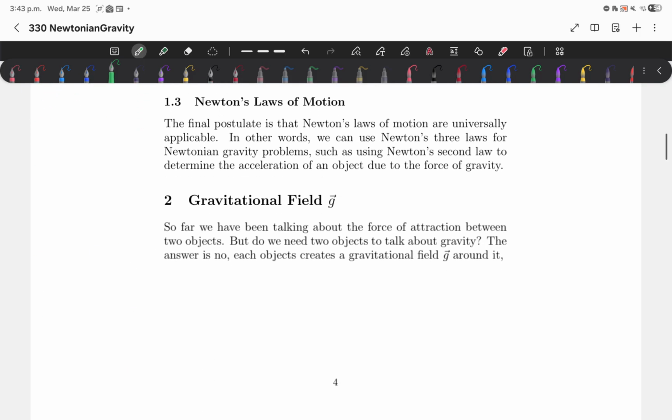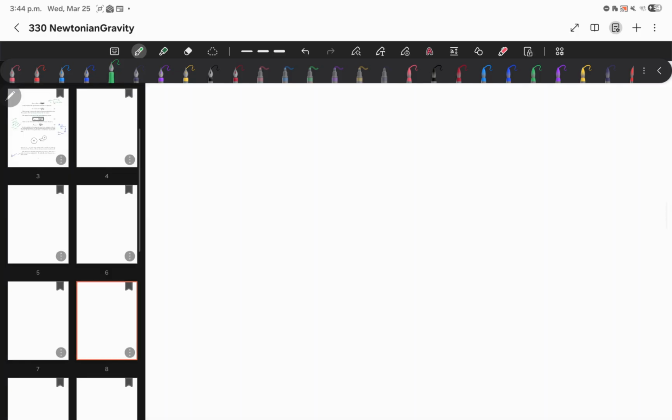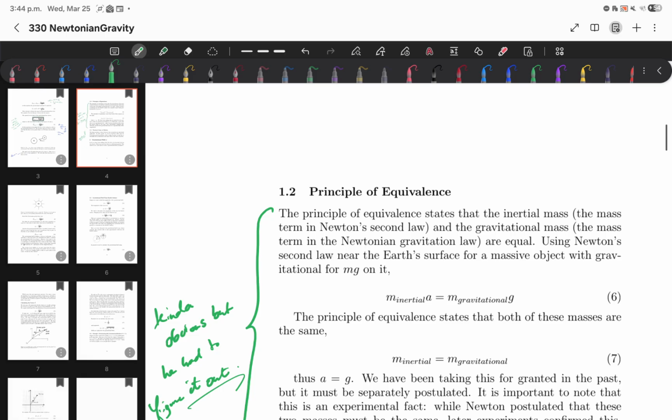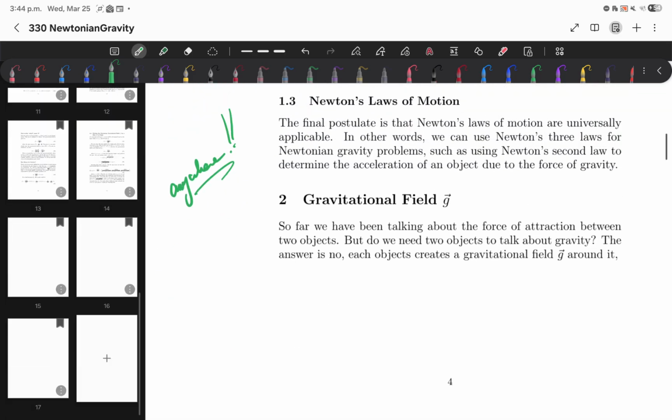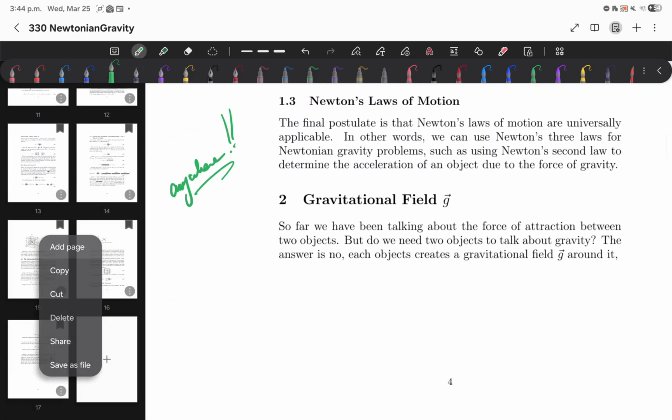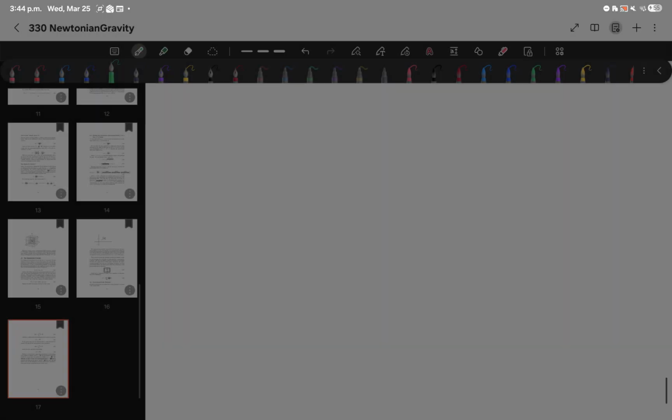And the final postulate is that these laws are universally applicable. The reason this was important at the time is, as I said, it was absolutely not obvious that the nighttime sky was somehow related to the laws of physics on Earth. It's a very fascinating story where some individuals collected data of the planetary motion over a long period of time, interpreted it, and figured out that the planets were going around the sun in elliptical orbits.